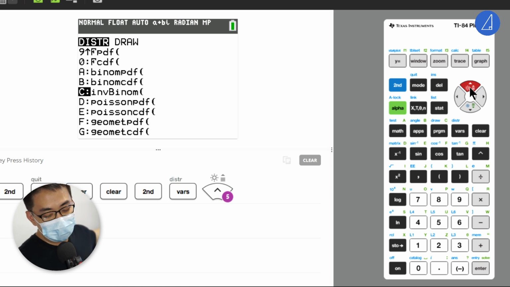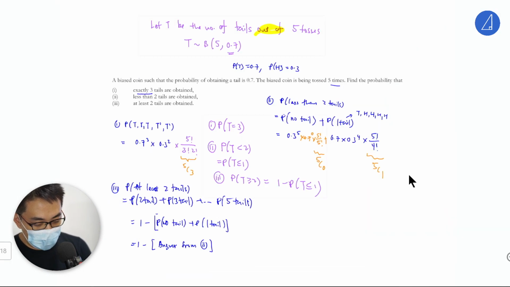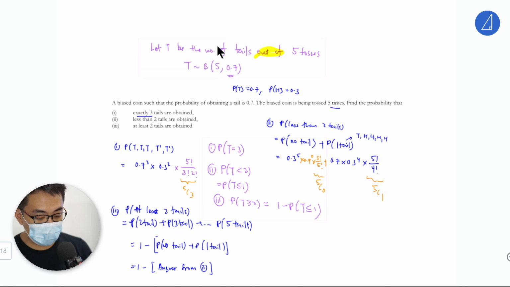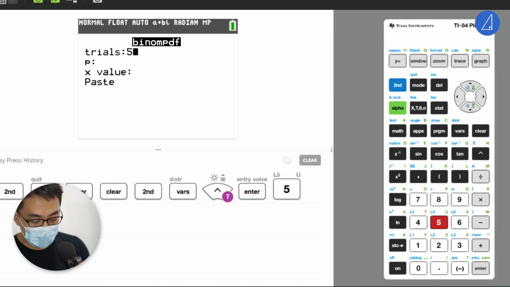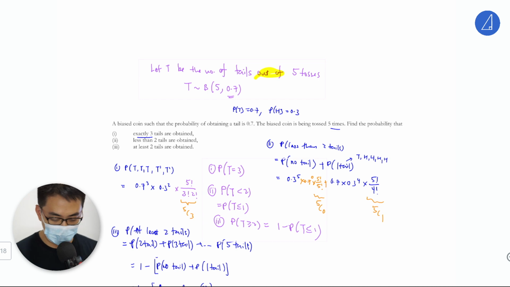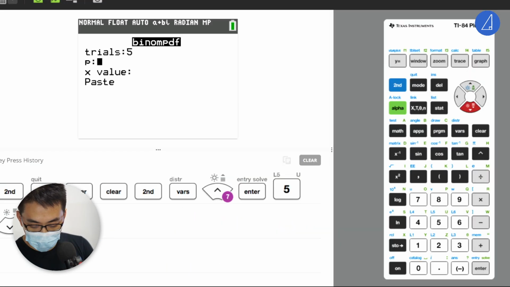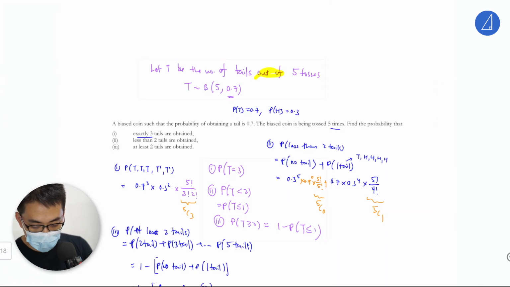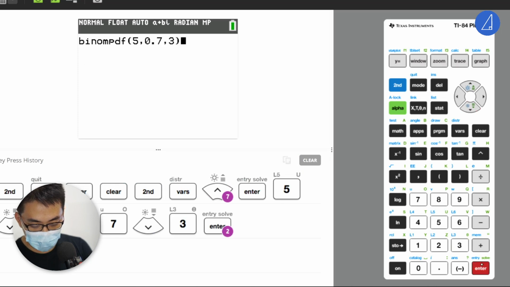Typing A is faster, of course. That will be the fastest. Then press enter. The number of trials is 5, 5 tosses, and every one success rate p is the tail, so 0.7. Then you have 3 here. Press enter.